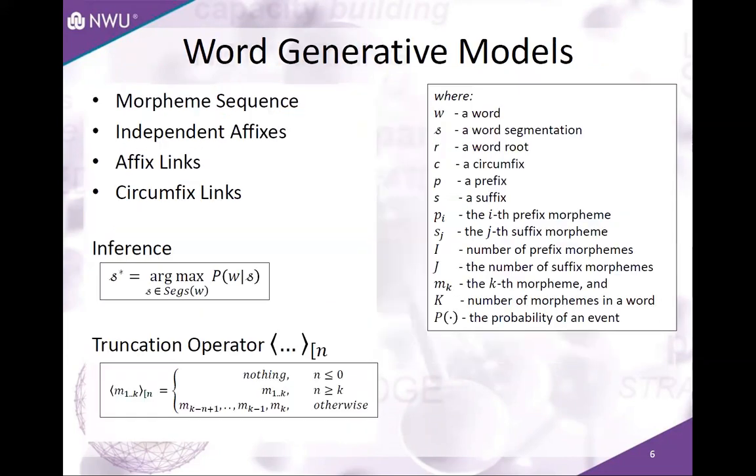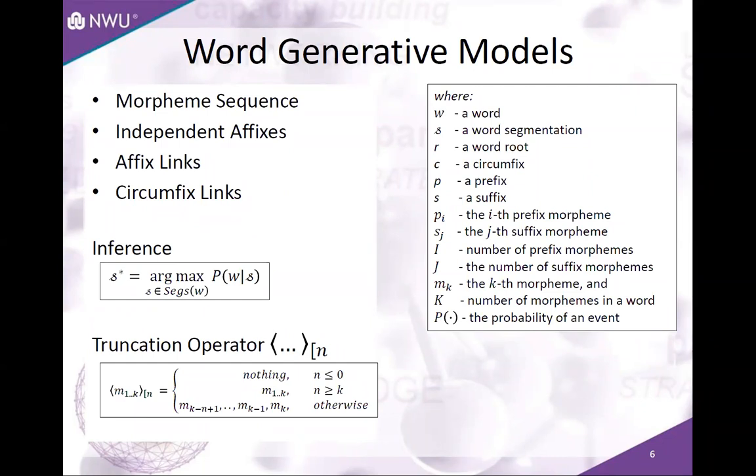We use 4 generative models to model isiXhosa, and we test them and compare them. The first is called morpheme sequence, where we're saying that the statistical dependence between morphemes is sequential. The independent affixes model says the prefix and the suffix are independent of each other, and independent of the root, but there's dependence between the morphemes within the affixes.